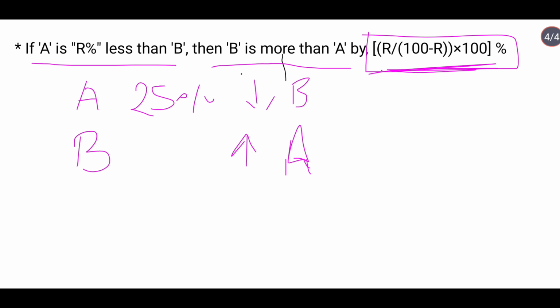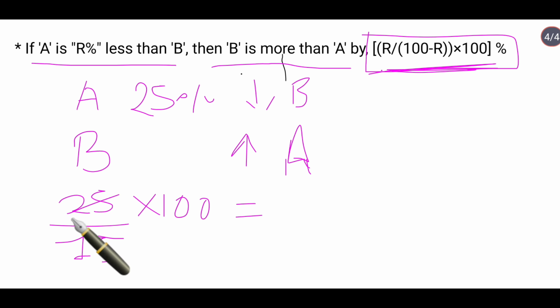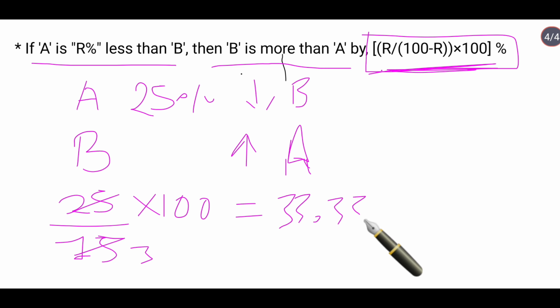Here R is 25. 25 divided by 100 minus 25, that is 75, into 100. 25 ones are 25, 25 threes are 75, so it is 100 by 3, that is 33.33 percentage. Therefore, B is 33.33% more than A.